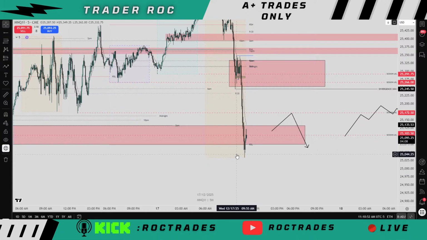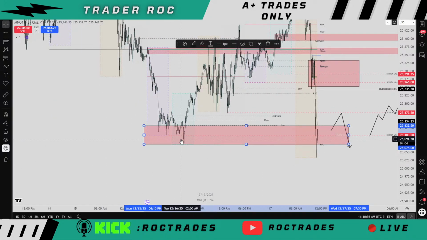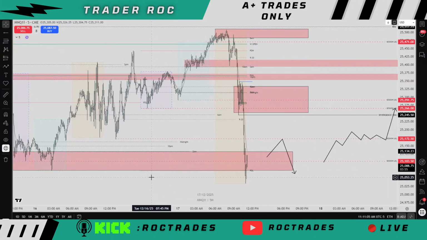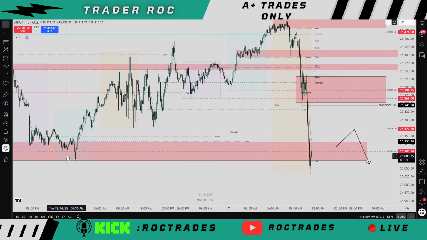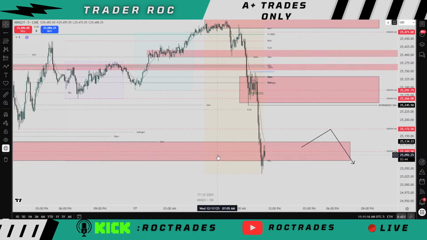What I'm noticing right away is we push down into this 4 hour zone and we have a beautiful manipulation move here that sends price flying. So naturally I'm like, okay, if we get underneath here, I want to see if price can flip back above this Asia low, which would be 25,104.